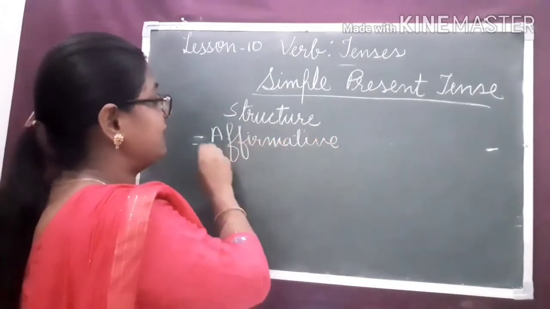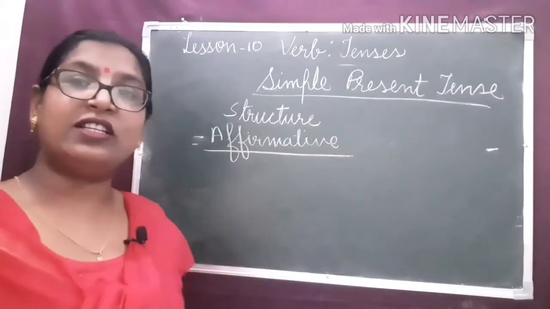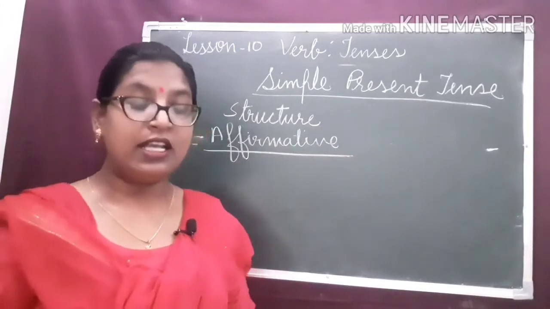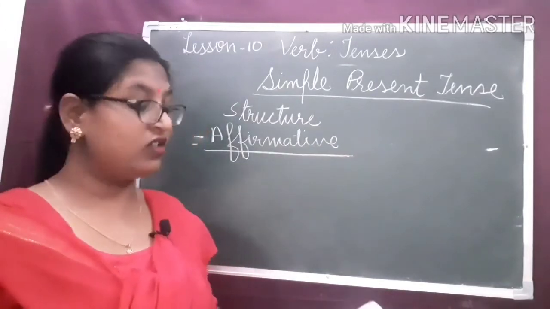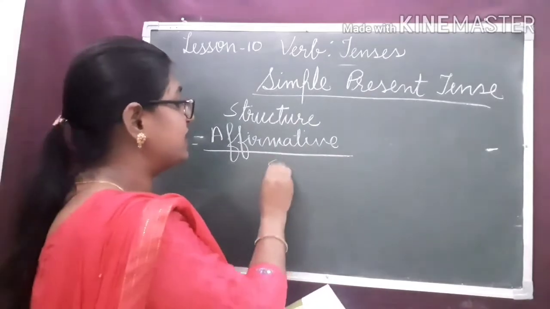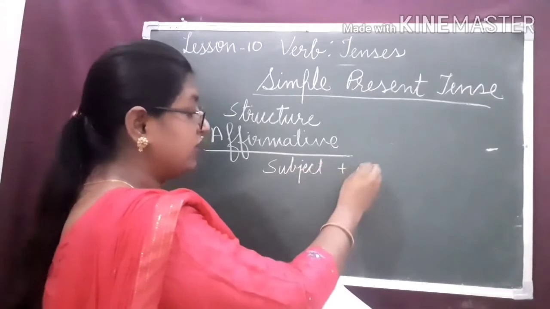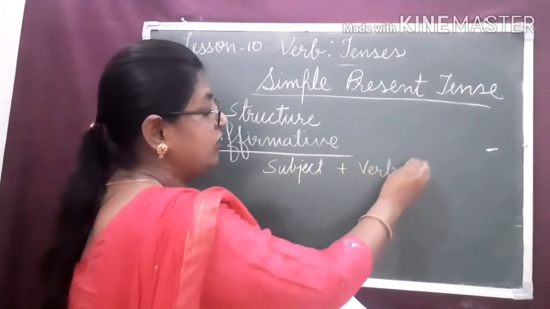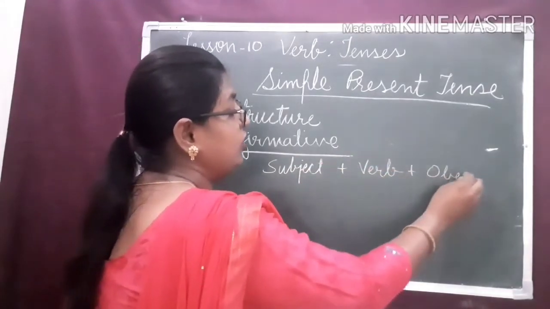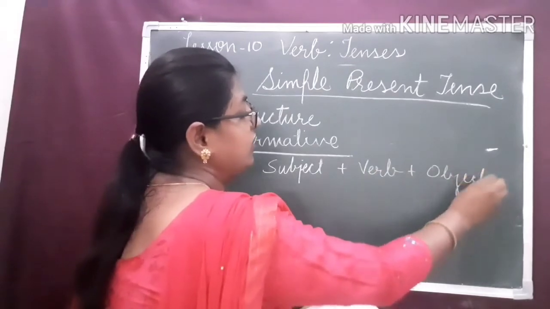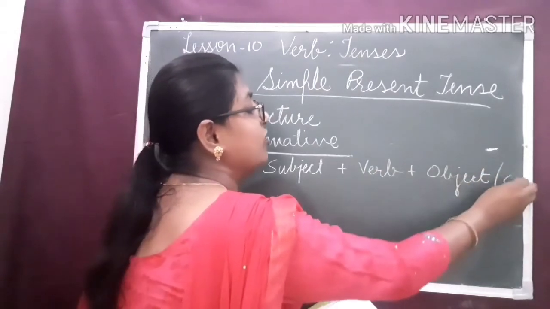Affirmative sentences are also called the positive sentences. What is the structure? The structure is subject plus verb plus object or complement.